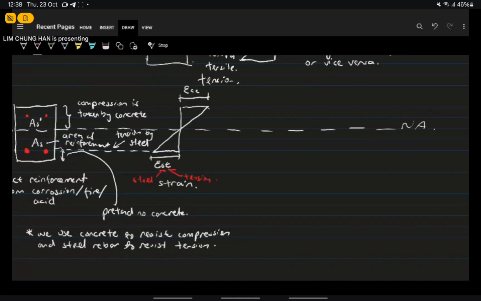At the top, I have a C for concrete, and I have a second C for compression. Okay? That's where the subscripts come from.